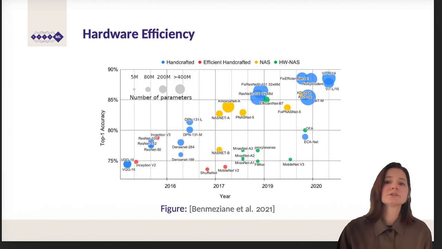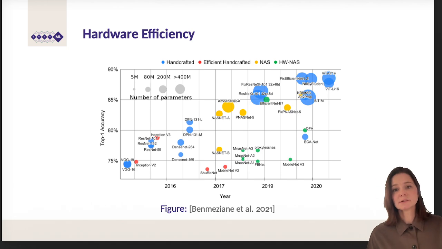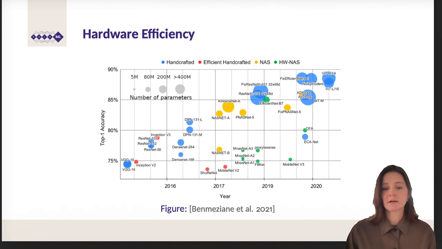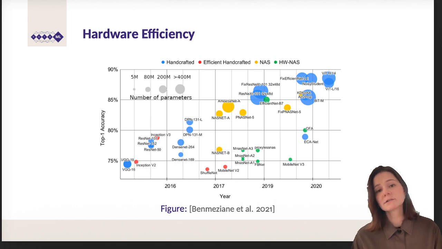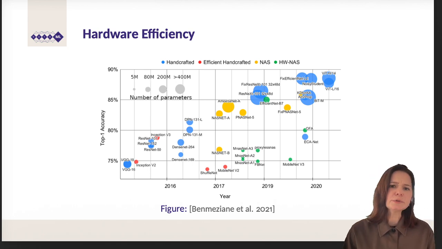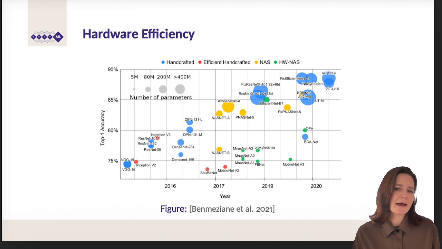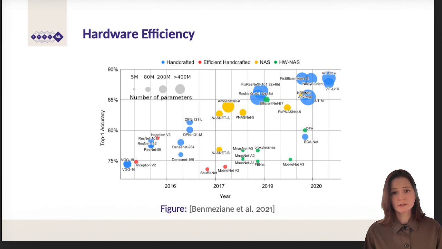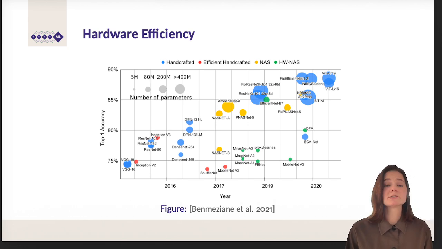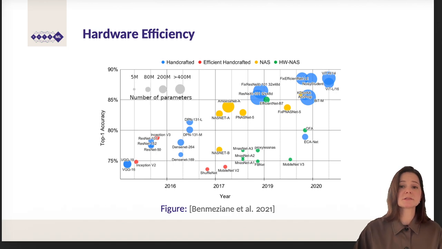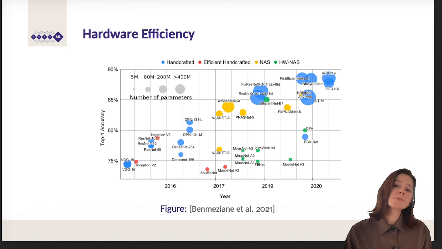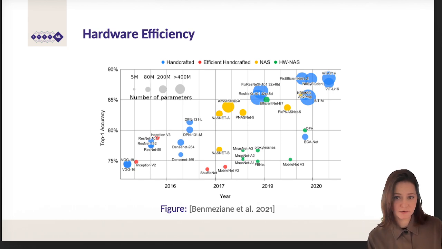We can see here also on this figure that neural architecture search, the yellow circles, also improved over handcrafted neural networks. So the bigger the circle, the more inefficient the network is in terms of the number of parameters, and the more to the top the architecture is, the higher the accuracy.